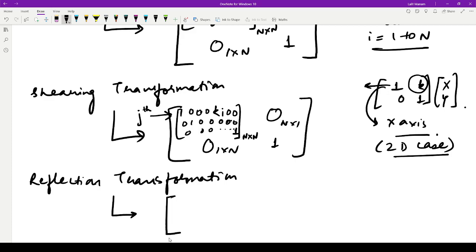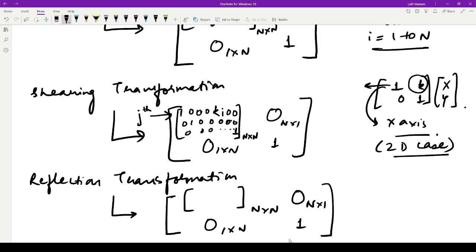Which axis to choose, how will it reflect, whether you choose an axis or a full hyperplane to take the reflection. For instance, in 2 dimensions you can take the x-axis or y-axis to take reflection, but in 3 dimensions you can take the xy plane, yz plane, xz plane, right?